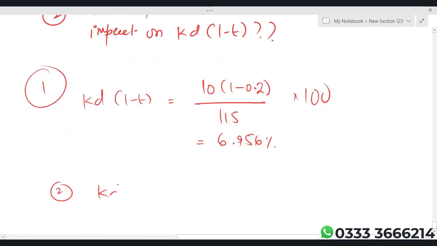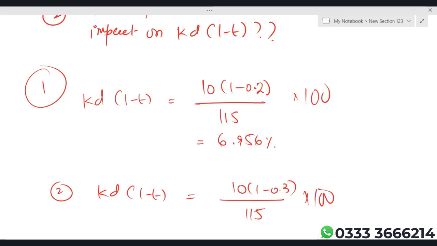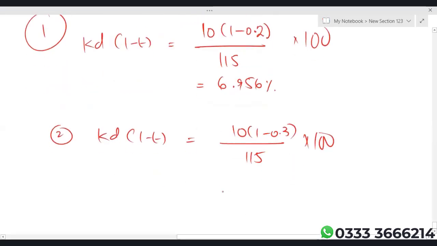Second, actually, KD1 minus T will not be your final answer. They've asked something else. (6.086%) or make it 7.